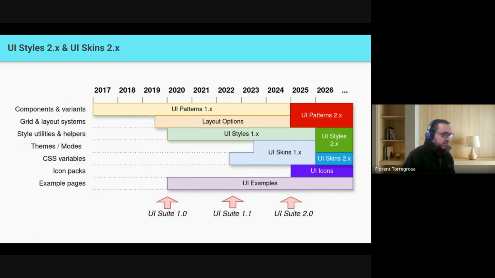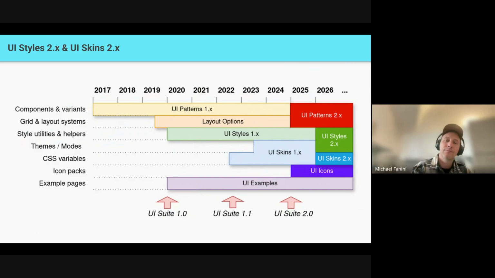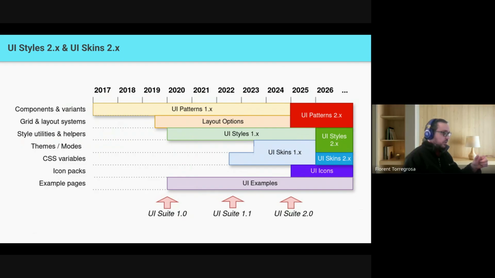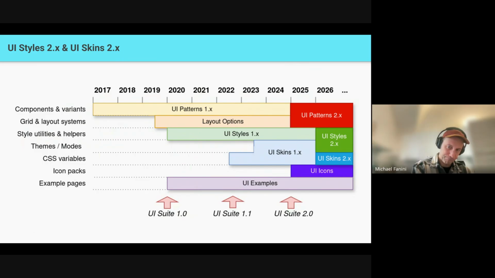Updating the UI Styles CKEditor submodule, then the other submodules are ready, and updating the tests, of course. Then working on the upgrade path, because I want the upgrade path to be done and ready when we release UI Styles 2.0, to not have the effect of UI Patterns 2, which had to wait almost one year to get the migration path ready.